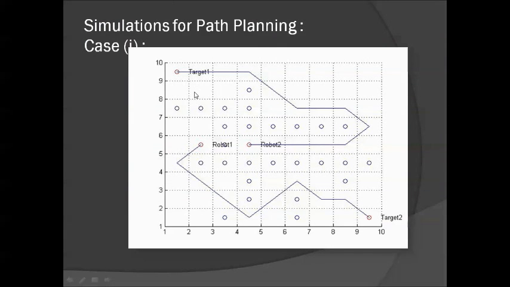And this is a simulation for path planning. Here you can see all these blue things are the obstacles, and I have the robot here and here, and these are the targets. Once I input this image to MATLAB, this is the planned path I get from MATLAB. This robot is planned to this target, and this robot is planned to this target.